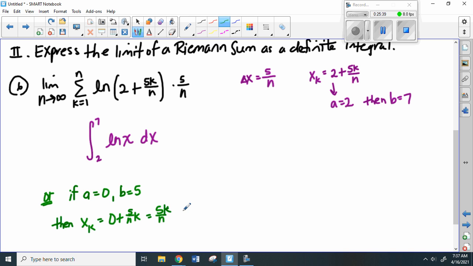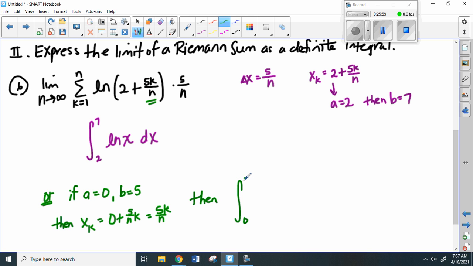then x sub k is just the 5k over n. This would just be my x sub k, which means the 2 was already part of the function. And so then my integral would look slightly different.